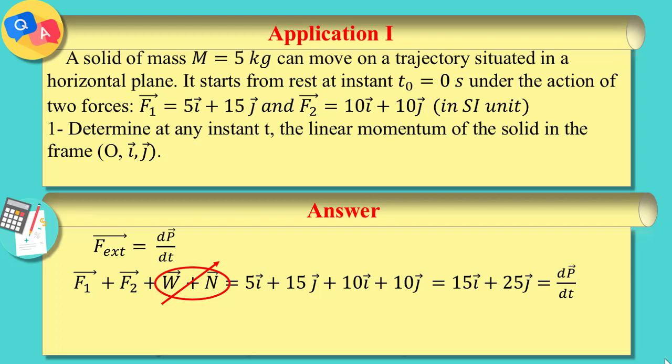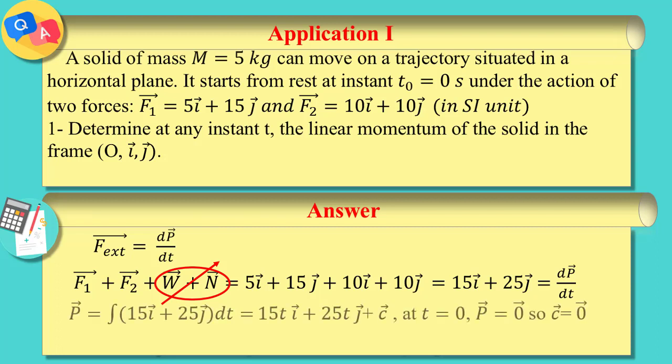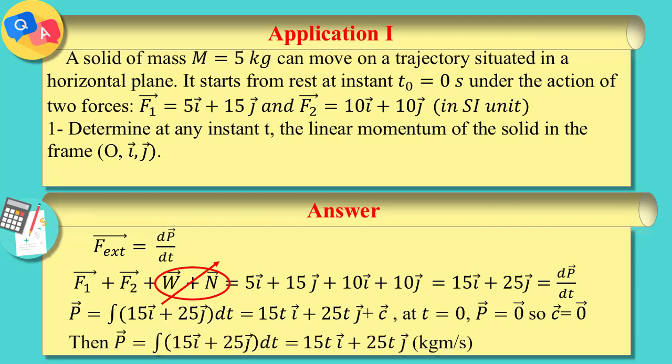But we want to find the linear momentum, so we take the antiderivative of the sum of forces, and it is 15ti plus 25tj plus a constant. At t equals 0, the linear momentum is 0, then the constant is 0, and finally the linear momentum is given by 15ti plus 25tj kilogram meter per second.